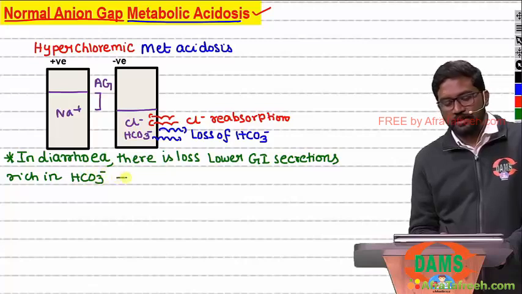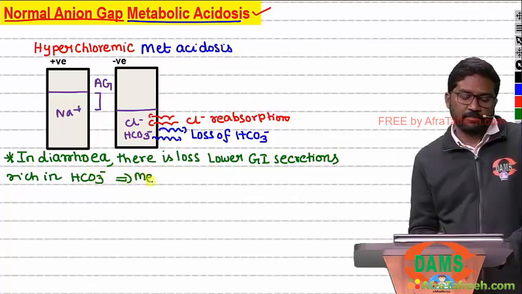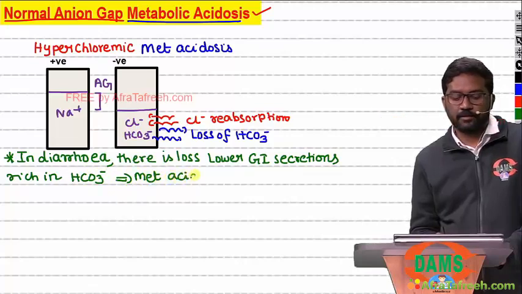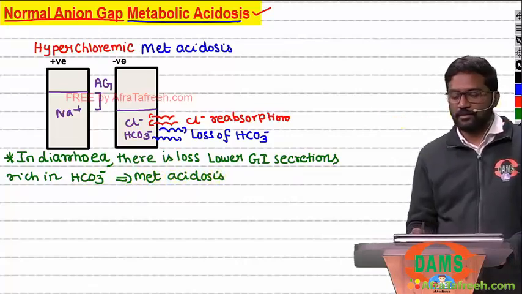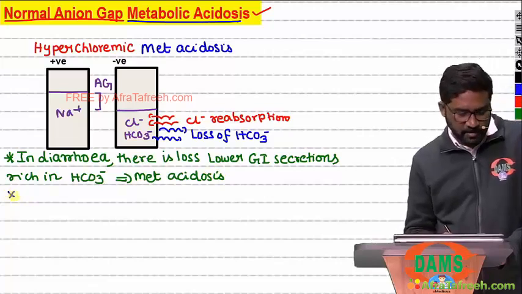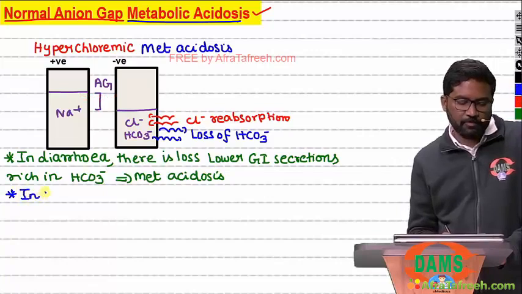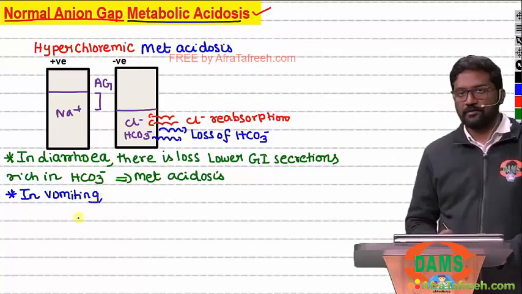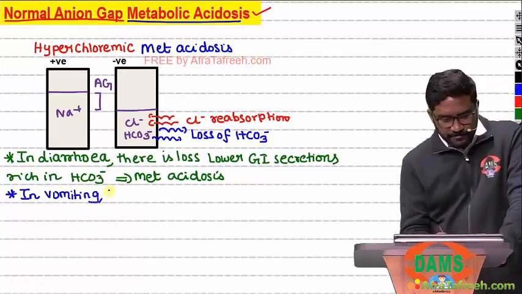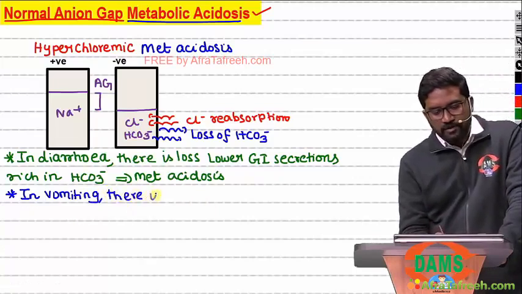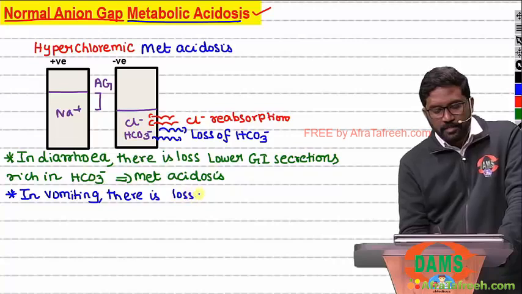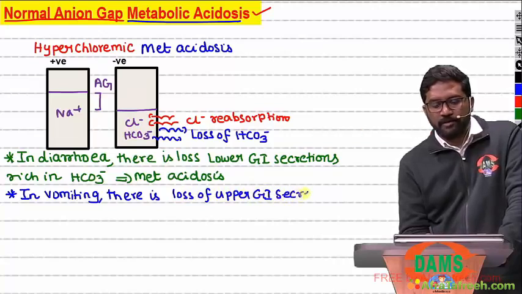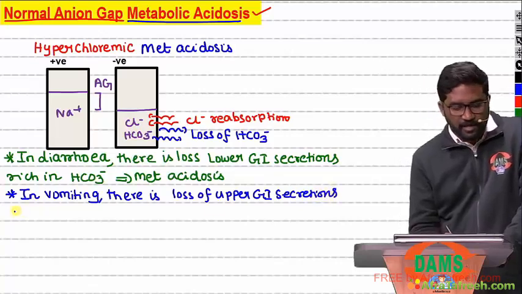Because bicarbonate is lost from the body, what will the body develop? Metabolic acidosis. Another association, for completion's sake, what happens in vomiting students? So in vomiting, there is loss of upper GI secretions. What is upper GI secretion rich in? Acid.